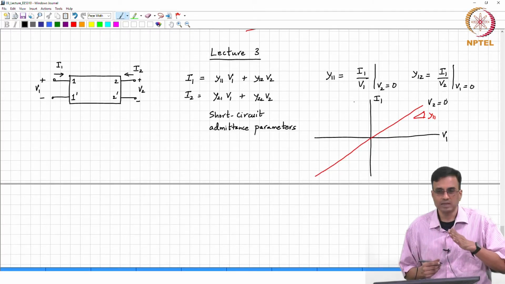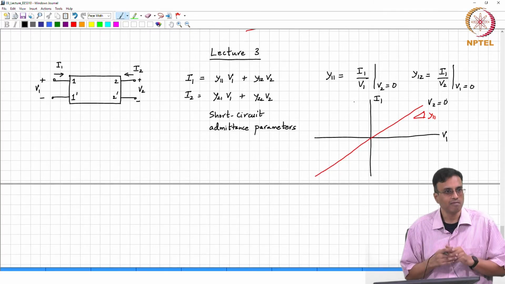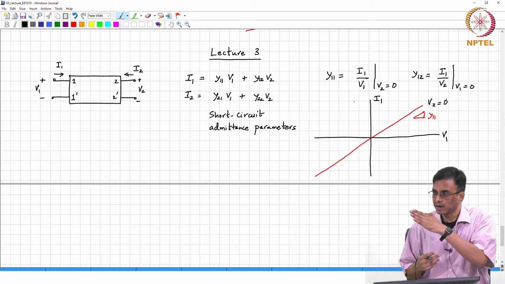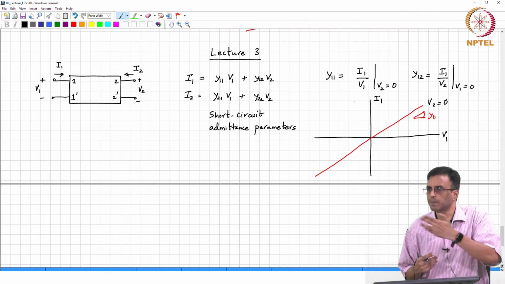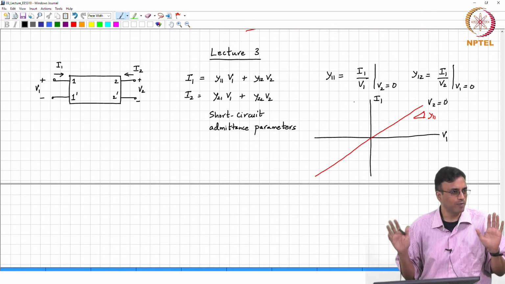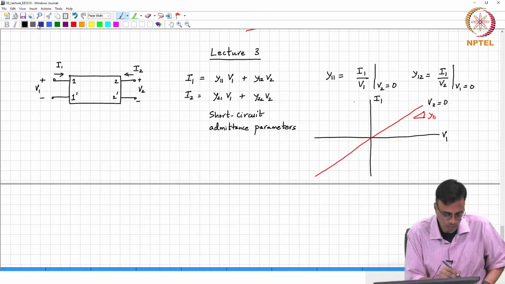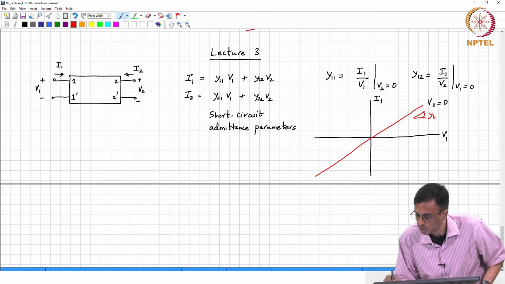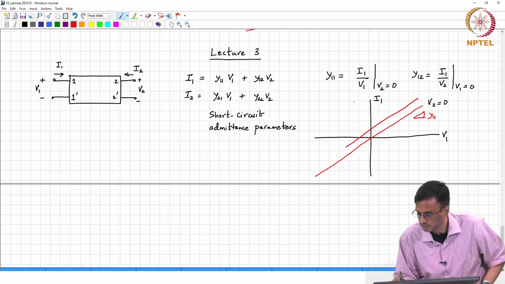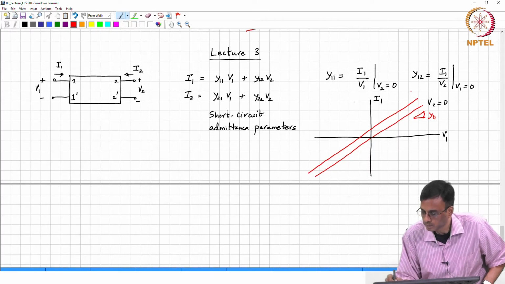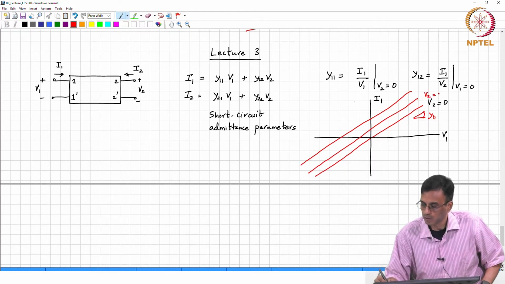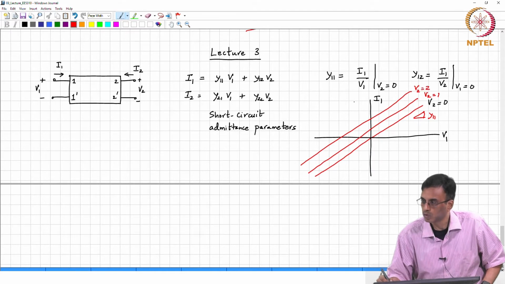The resulting curve will be parallel to this line, except that it will be either shifted upward or downward depending on the sign of y12, right. So V2 equal to 1, V2 equal to 2.